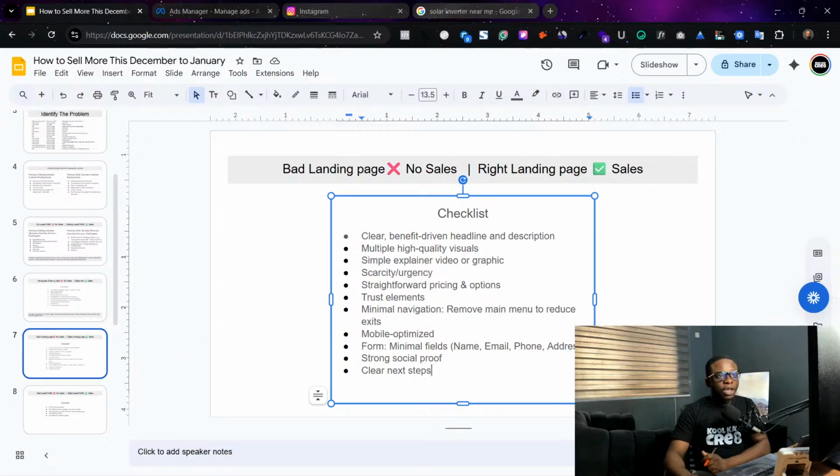So before I continue, let me read one of the comments, which is: will you be touching on the relevance of Andromeda? I've heard of this in ads, and your own interpretation of it. Also, what's your take on interest targeting, especially in service-based organizations and high-ticket products?